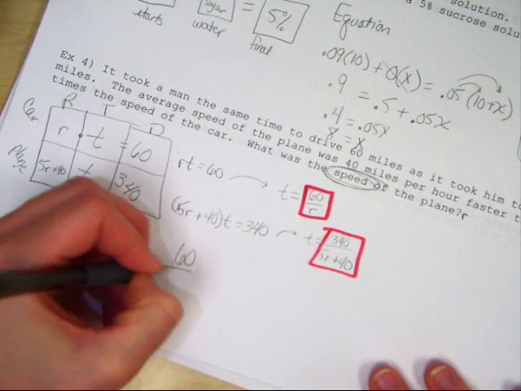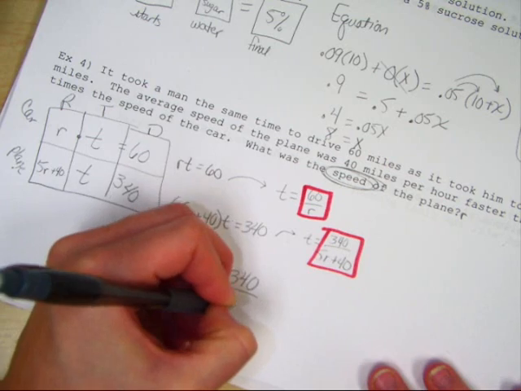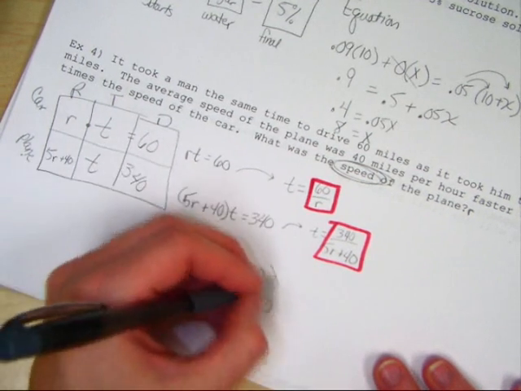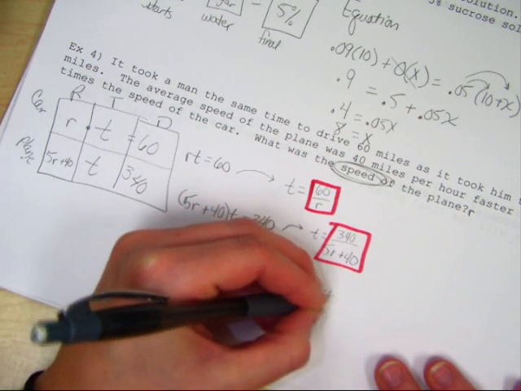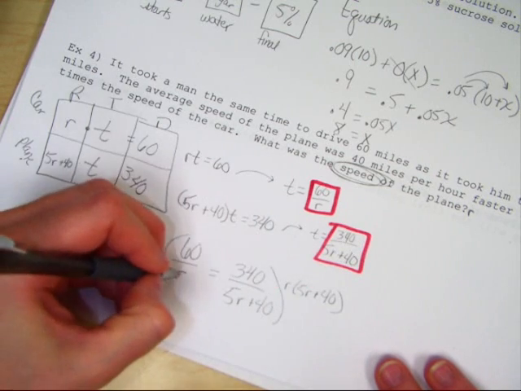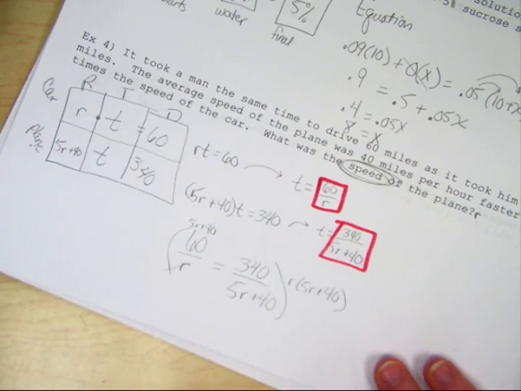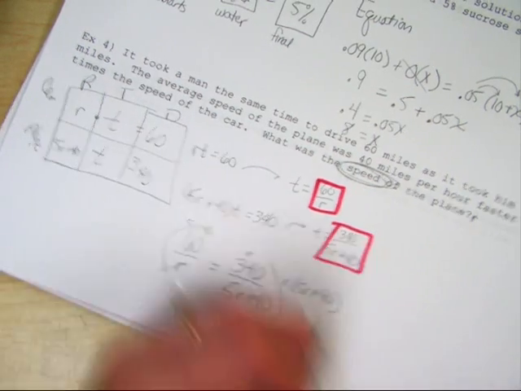So we do 60 over R equals 340 over 5R plus 40. You find your common denominator, which is R and 5R plus 40, and you figure out what's missing. This R cancels, and you need a 5R plus 40 on the left. This 5R plus 40 cancels, and you need an R on the right.